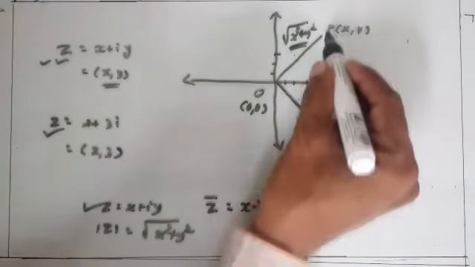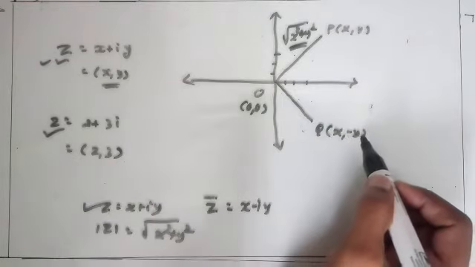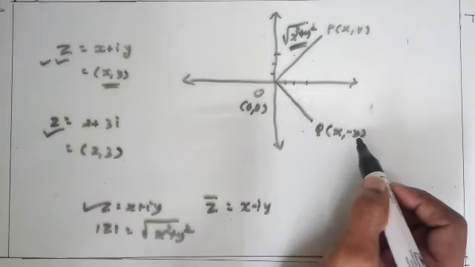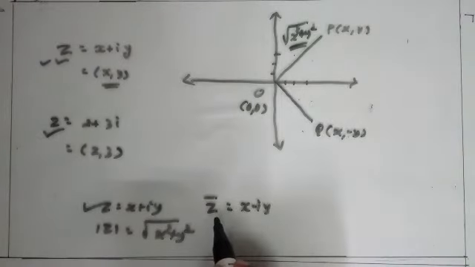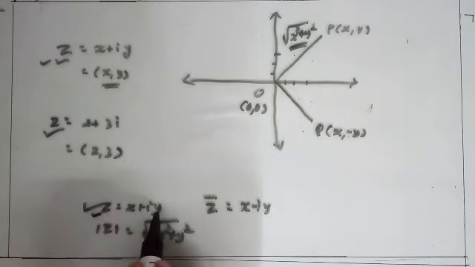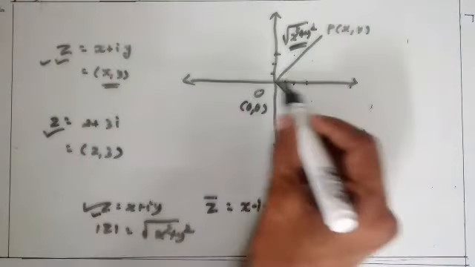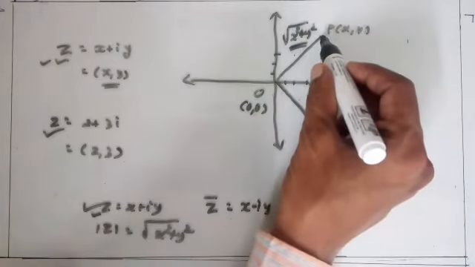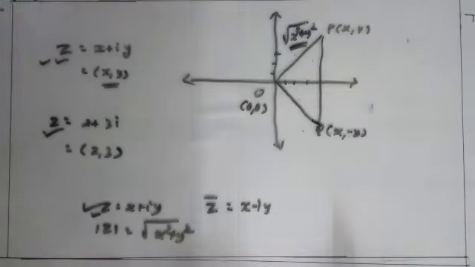Here the x coordinate of P and Q are both the same. The y coordinates have the same value and opposite sign. So the conjugate of the complex number x + iy is the mirror image under the x-axis, the mirror image under the real axis. Clear? So remember this conjugate of a given complex number.